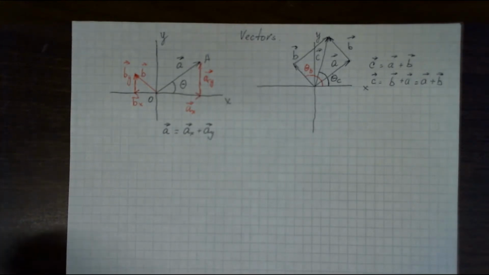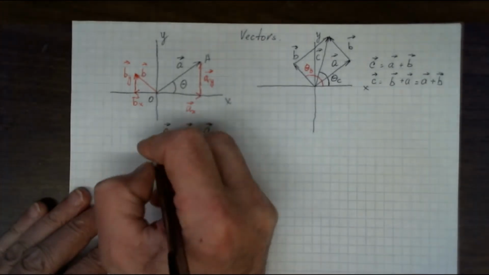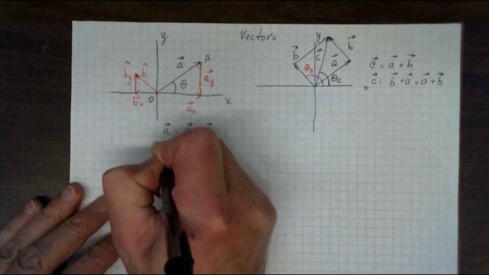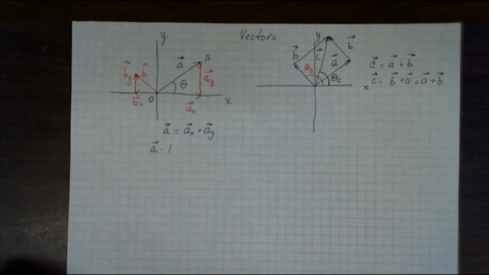So let's say, for the sake of simplicity, I will write vector A times 1. The operation of multiplication of a number by a vector is very simple.